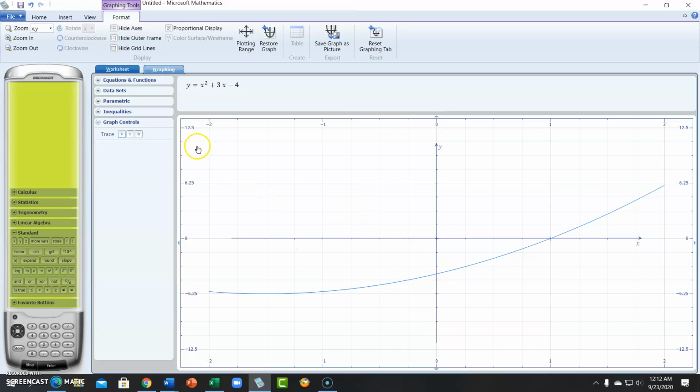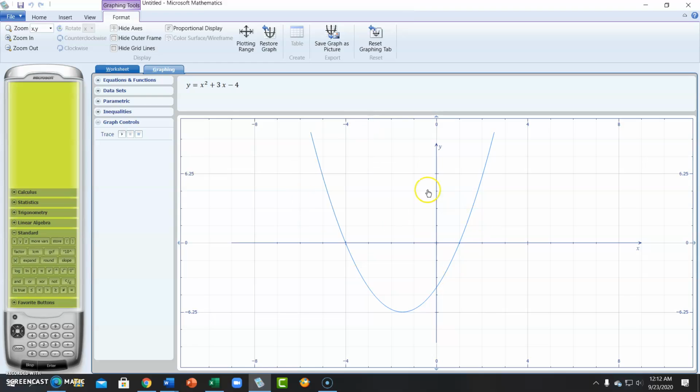And so now I can kind of see it on the graph, but not quite. So what I want to do is do the plotting range here. I'm going to say -10 to 10, and again, -10 to 10. Okay, and now I can see my graph a bit better. Now let's say I wanted to shade my graph where I covered all the values inside the parabola.